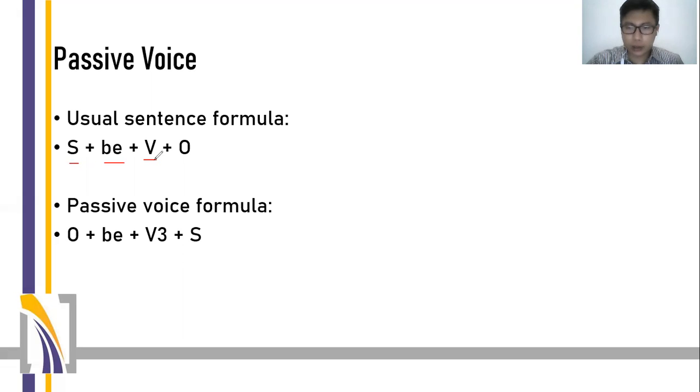However, in the passive formula, we change the object to the front and then the subject to the back. So we get it like this: object with be, but the verb becomes verb 3 or past participle, and we use the subject. Let's see the example of it.